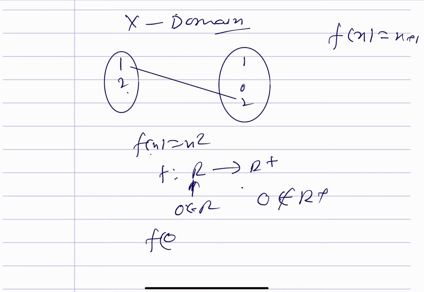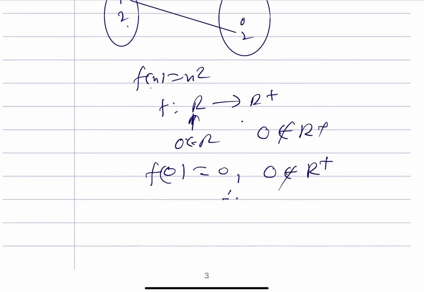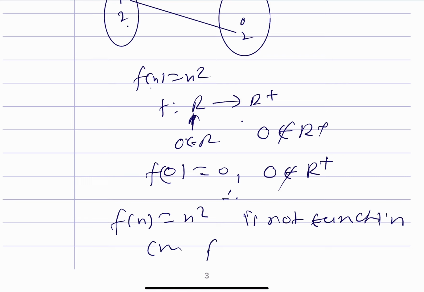So f(0) should be equal to 0, but 0 is not in R plus. Therefore f(x) equal to x square is not a function corresponding to this domain and range.